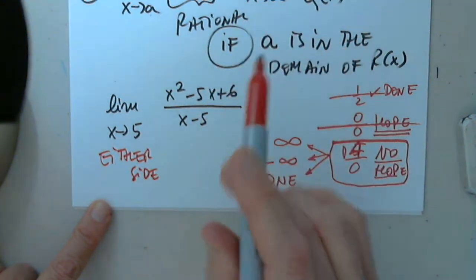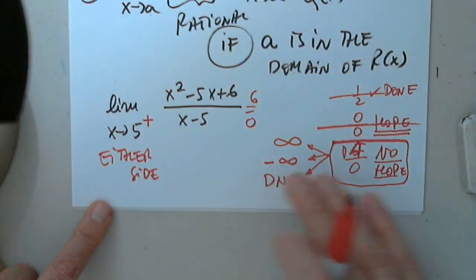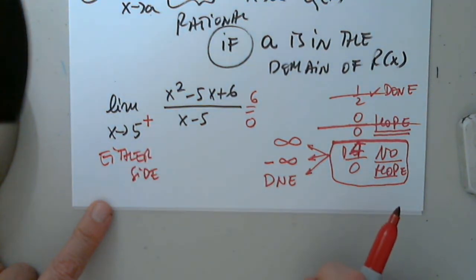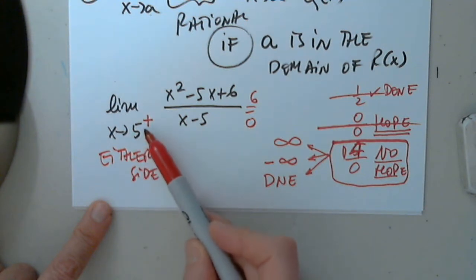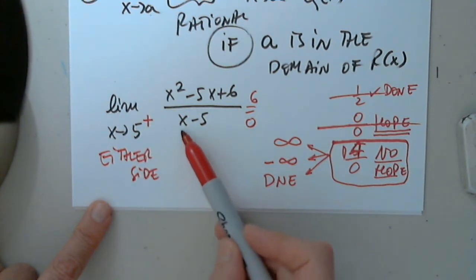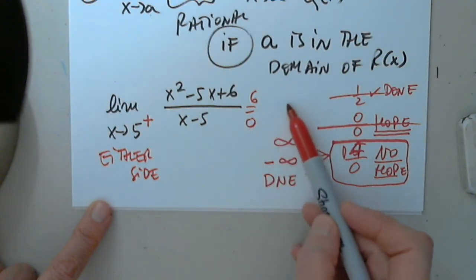If I have this situation, I don't have to check the other one. The numerator approaches 6. The denominator 5 from the right is a number greater than 5. This quantity is positive, and I will write infinity.